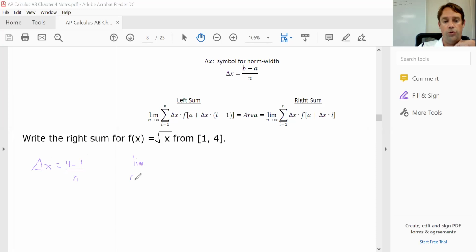So as we put them all in here, we have our delta x, so 4 minus 1 over n, times f of a. And our a value is the very first one. So there's our a. So f of 1 plus delta x over n.